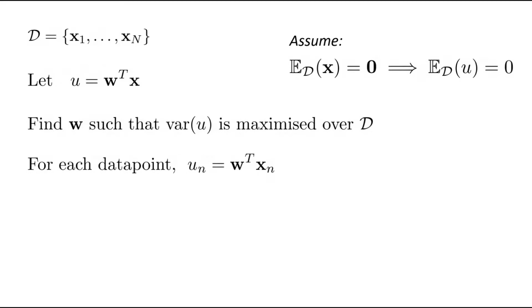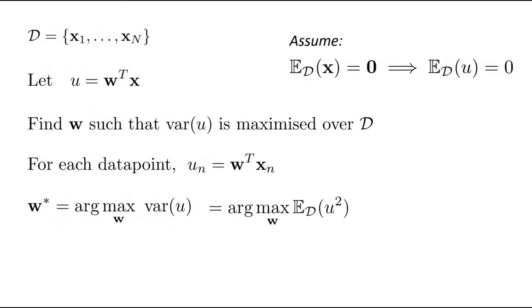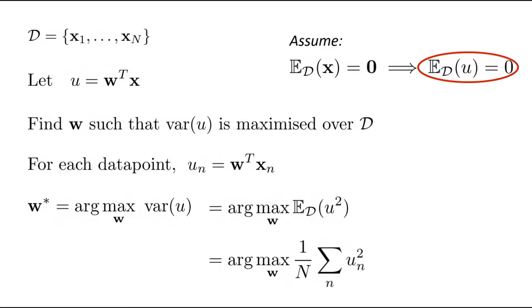So for each data point, we can say u_n equals w transposed x_n, and mathematically, the best w, which I will call w star, is the weights vector that maximizes the variance of the variable u. If the mean is 0, we can say the variance is simply the expectation of u squared, and we can write this in terms of all of our data points in terms of u_n.